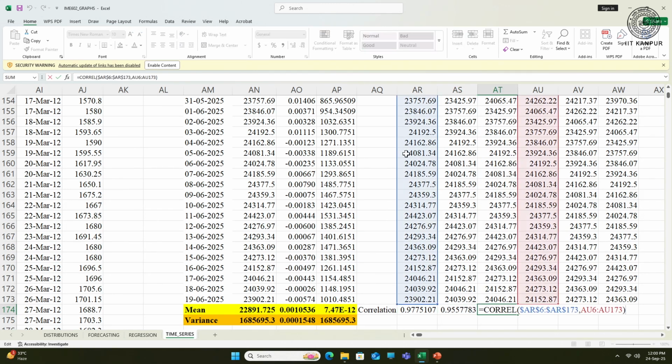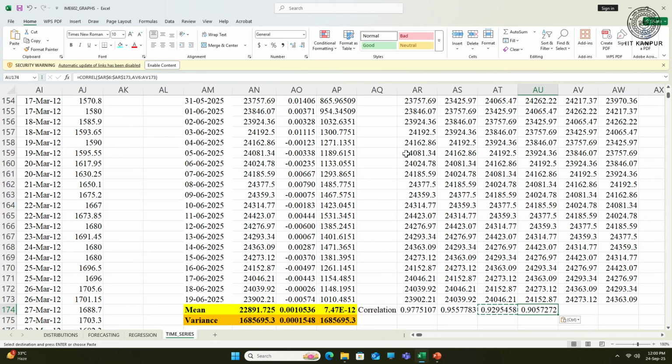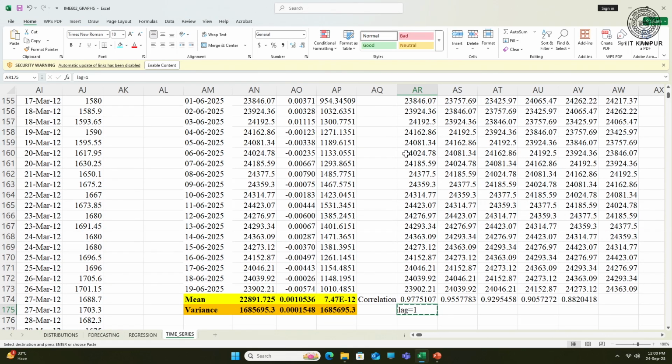These are the autocorrelation function values which you see. Here lag is equal to 1, this is for lag 2, this is for lag 3, lag 4, lag 5. So, these are the autocorrelation values for the lags as shown.